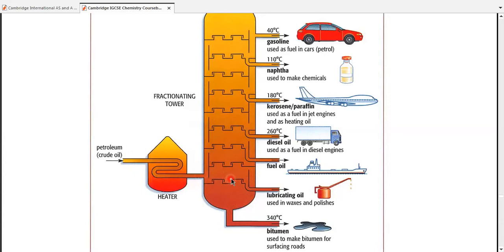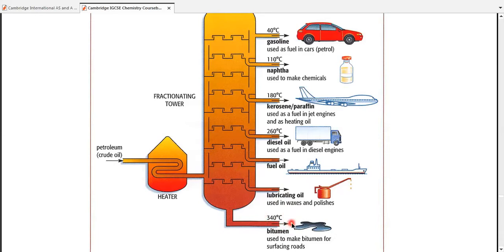And there are two fractions which are below that specific level where the crude oil enters the fractionating tower, which means that this preheater's temperature, which was around 350 to 400 degrees centigrade, is lower than the boiling point of lubricating oils and bitumen might be higher than that. Now, you would say that the preheater's temperature is quoted as 350 to 400 degrees centigrade in the book, while here in the diagram, the temperature for bitumen is 340 degrees centigrade.